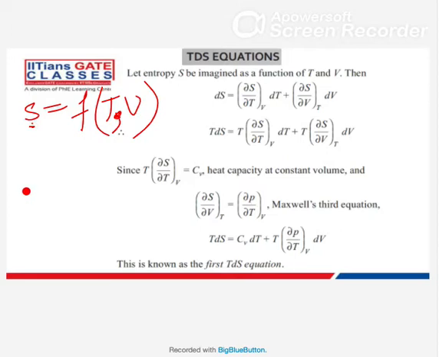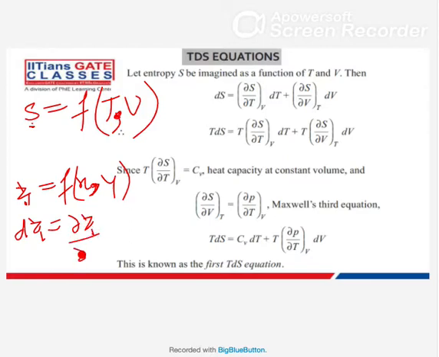If you remember in mathematics, if z is a function of x and y, then the change of z can be written as the partial derivative of z with respect to x multiplied by dx.